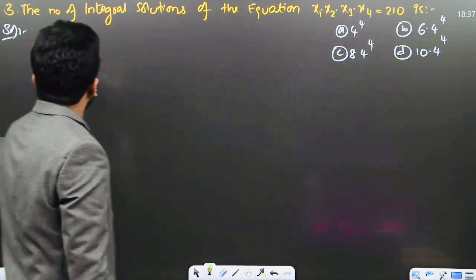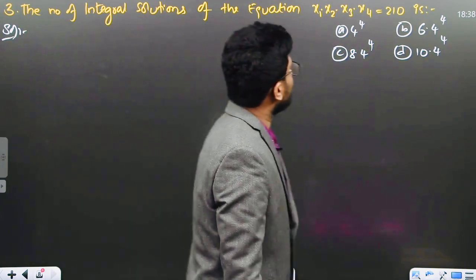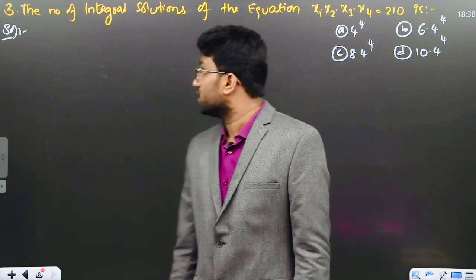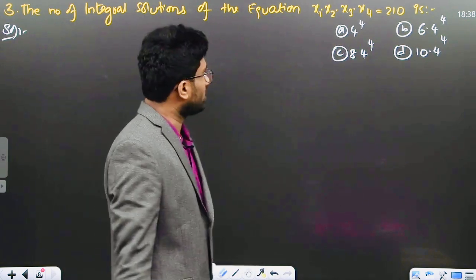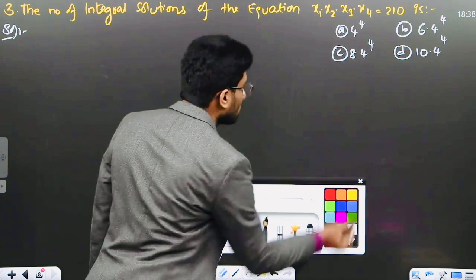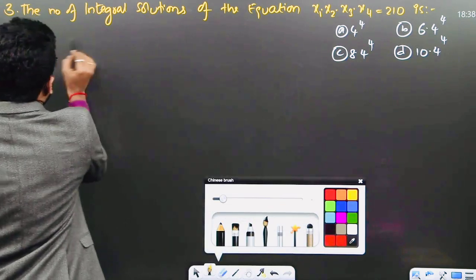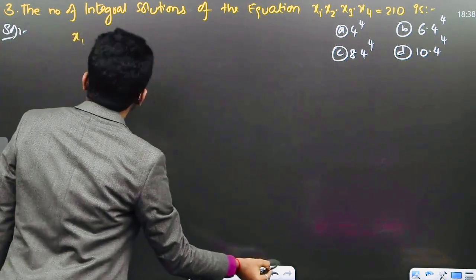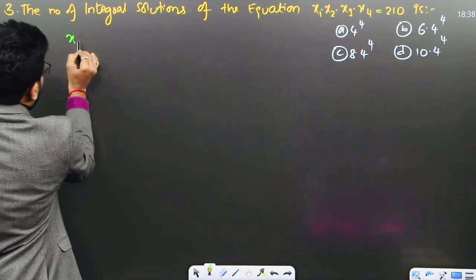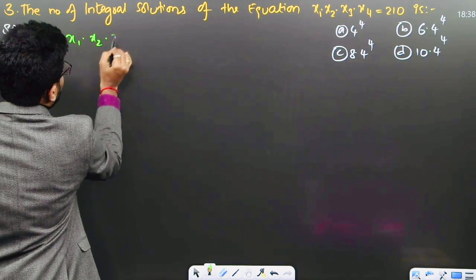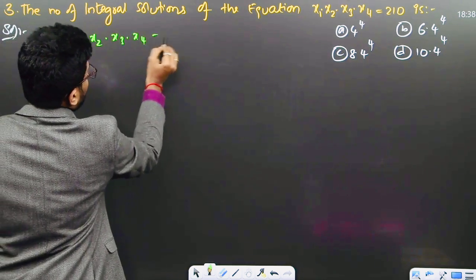Next question. The number of integral solutions of the equation x1 into x2 into x3 into x4 is equal to 210.